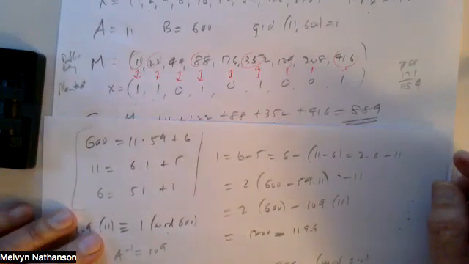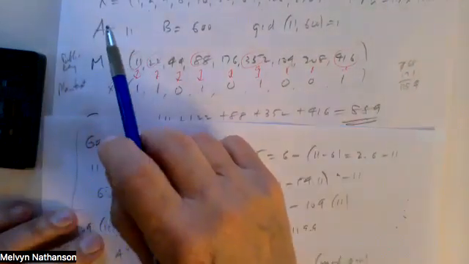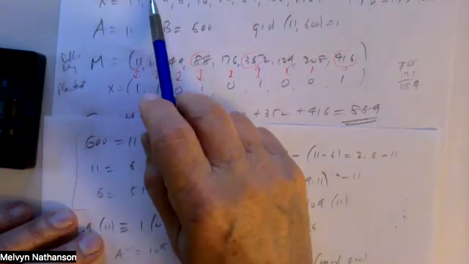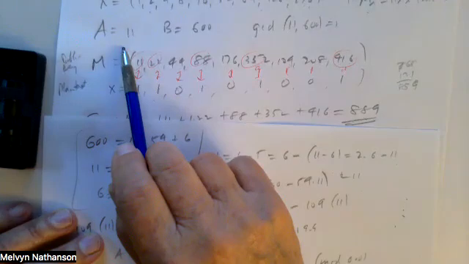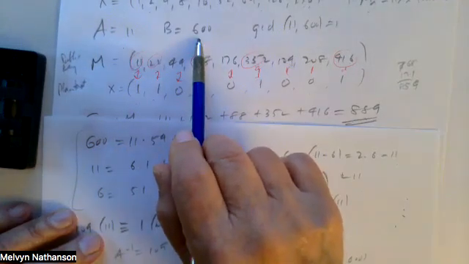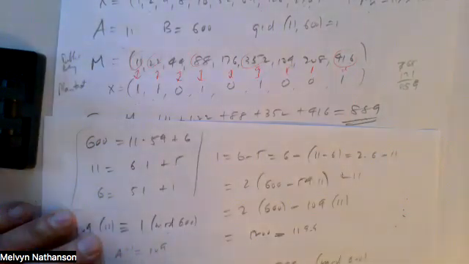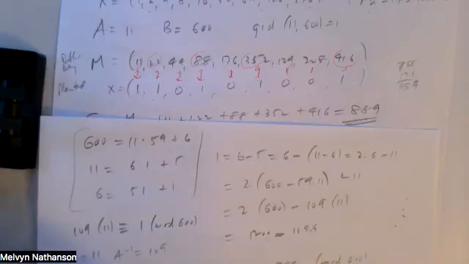So something is wrong. And I'm just going to have to do it again because I like to get these things right. So let's go. R are the powers of 2 from 1 to 256. We choose A equal to 11, B equals 600. Greatest common divisor is 1.